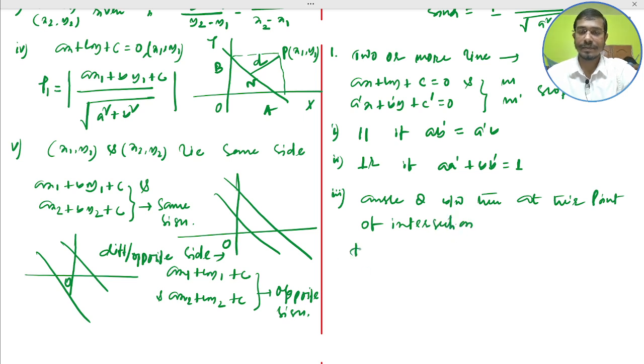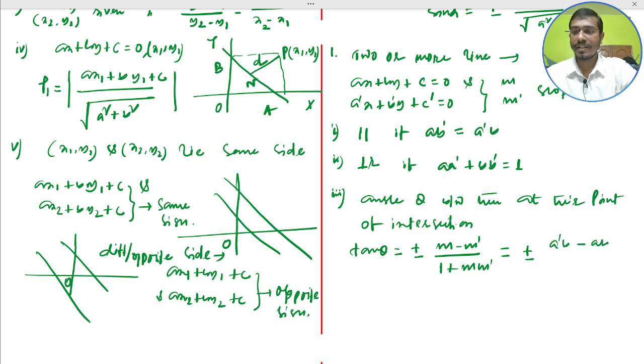That is tan theta equal to plus minus (m minus m dashed), the slopes of the two lines, divided by (1 plus m m dashed), that is equal to plus minus (a dashed b minus a b dashed) divided by (a a dashed plus b b dashed). Point of intersection.